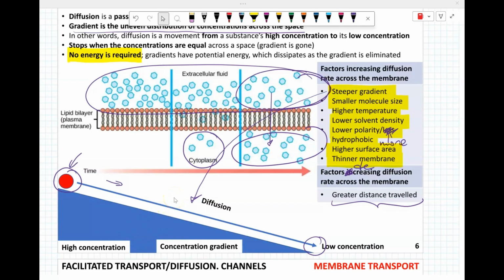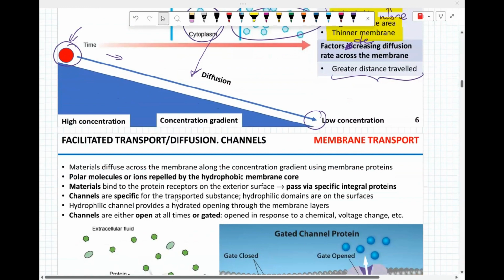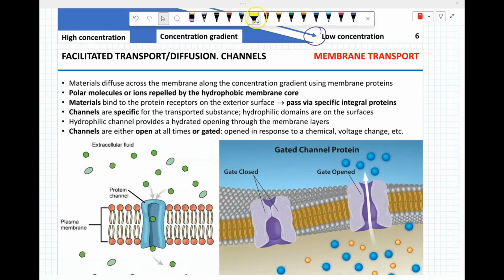Now let's see how polar or hydrophilic molecules can cross the membrane. Such molecules can cross the membrane using so-called facilitated diffusion or facilitated transport. There are a couple of ways the molecules can cross. They can either use channels or they can use carriers.